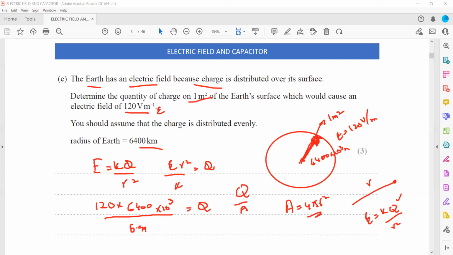Using this, we work out the total charge, which is 5.47 × 10^5 coulomb.